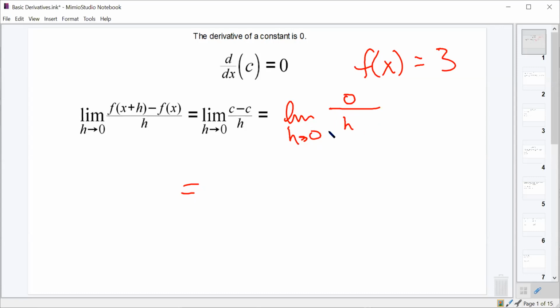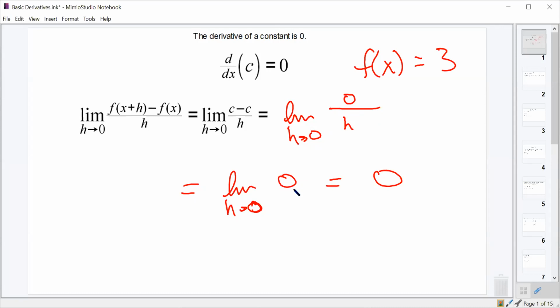So h is never actually 0, so 0 divided by h is always equal to 0. So we can simplify that and say that the limit as h approaches 0 of 0 is just the constant, right? The limit of a constant is the constant, so we end up with 0.